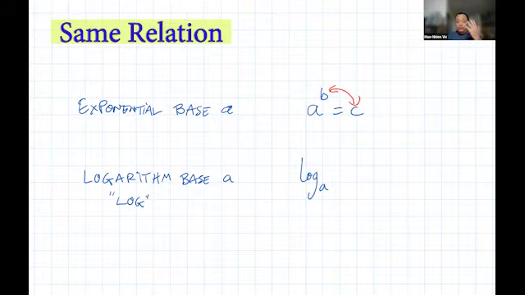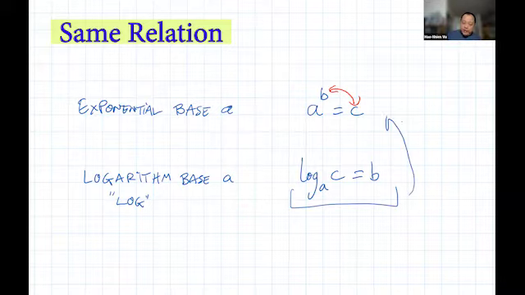The b used to go with the base a in exponential. Now the c goes to the base a in logarithm. The c used to be the answer. Now the b is the answer. And you can imagine going back the other way around. If someone gives you a logarithm like this, you can go back to the exponential form by switching places between b and c.